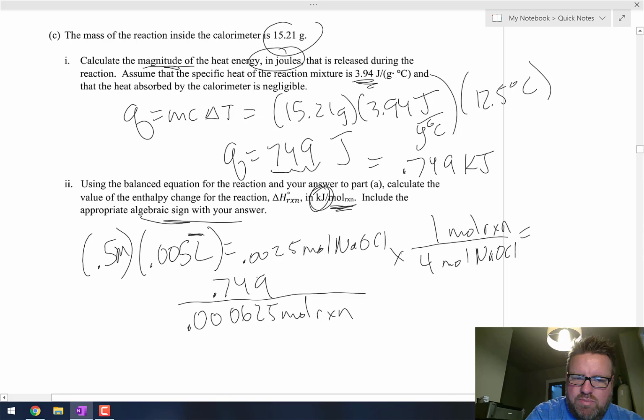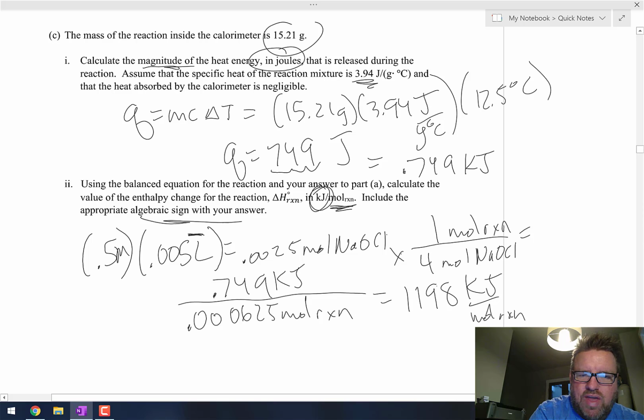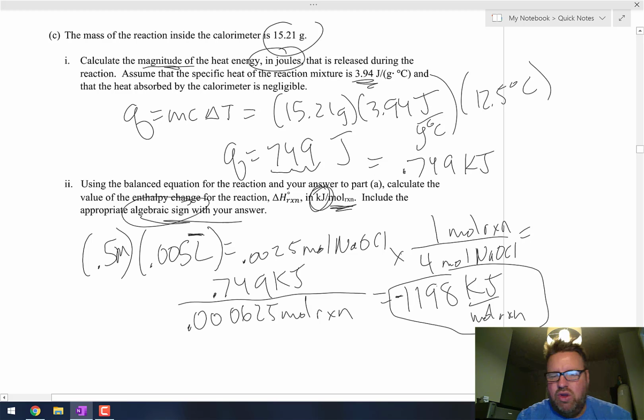So that's 0.749 kilojoules. So 0.749 divided by 0.000625 equals 1,198 kilojoules per mole of reaction. And remember the algebraic sign, that does need to be a negative. And that is your final answer.